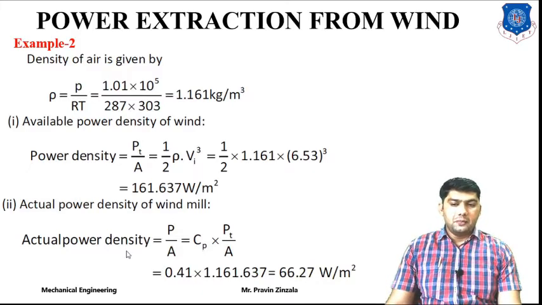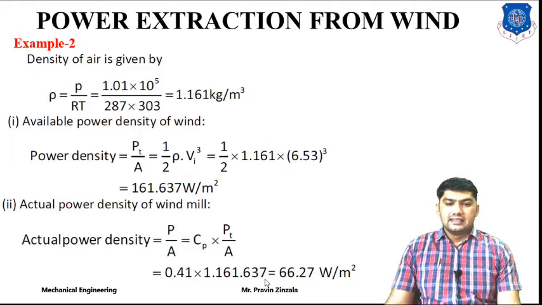So by multiplying the power density by the power coefficient, we will get the actual power density. 161.637 into the power coefficient, which is 0.41. So we will get the answer 66.27 watt per meter square, that is power coefficient into power density.